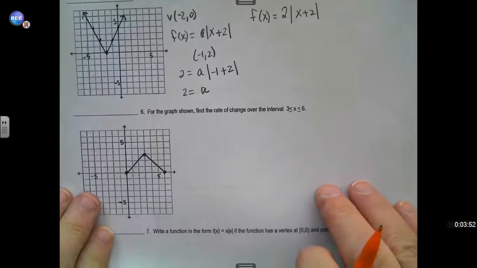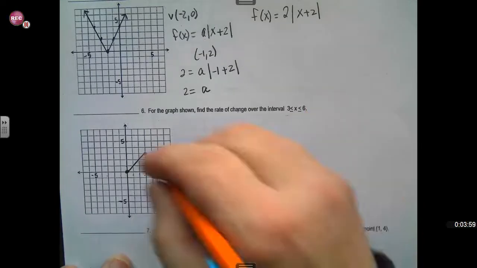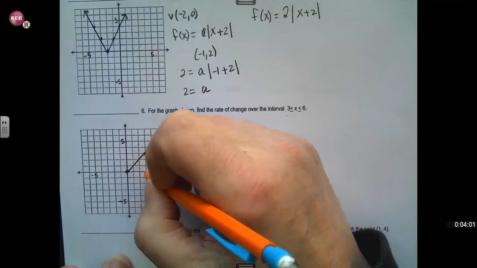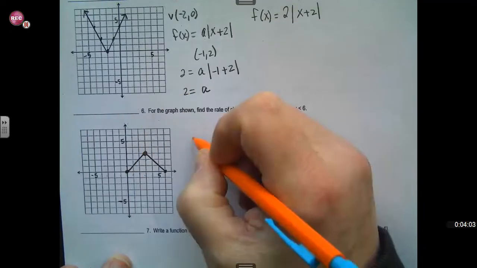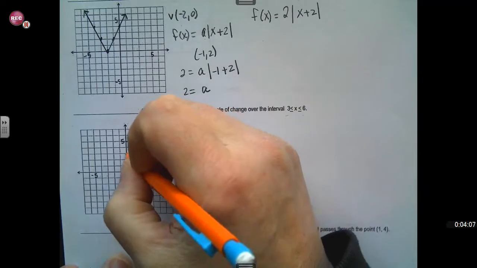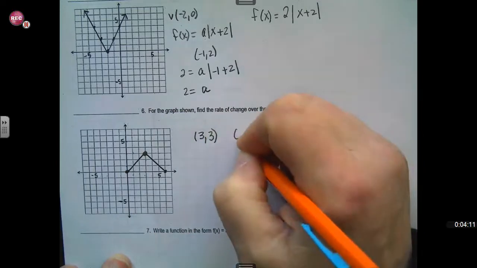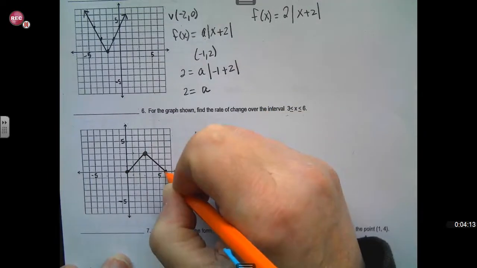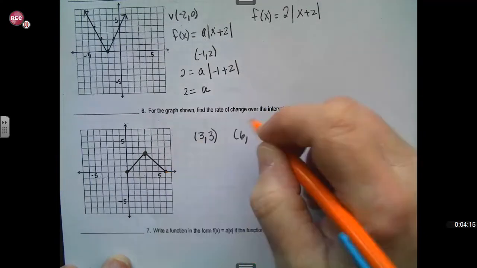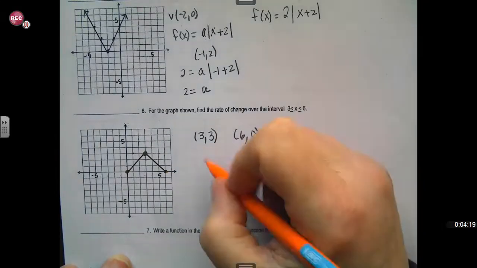For this next one, I'm supposed to find the rate of change on the interval from 3 to 6. So let's see. 1, 2, 3 is right here. So that's at the point 3, 3. And 6 is over here, and that's at the point 6, 0. So the rate of change is the slope.